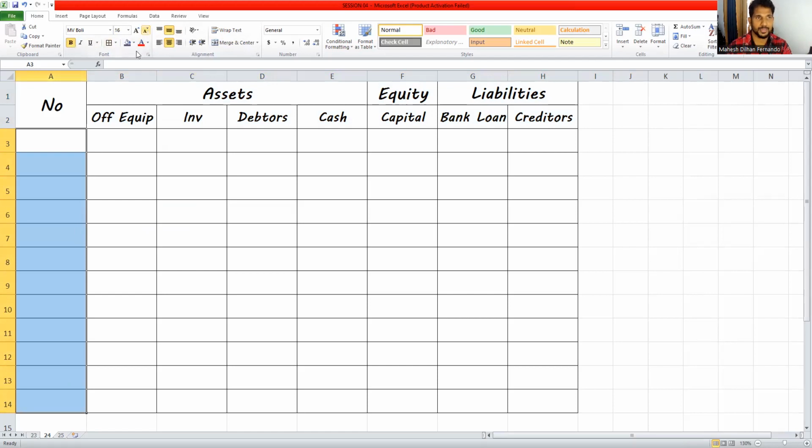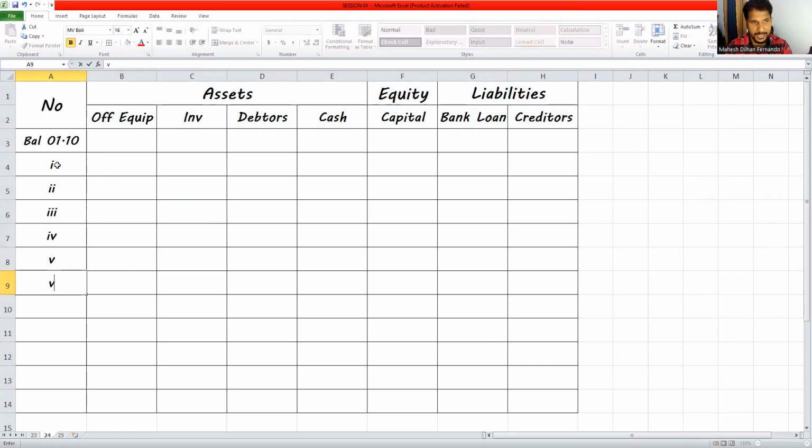Let me tell you. Because at the top we have to record the balance as at 1st of October. We have to record it first. Then you can record the transactions 1, 2, 3, 4, 5, 6, 7, 8, 9, and 10.